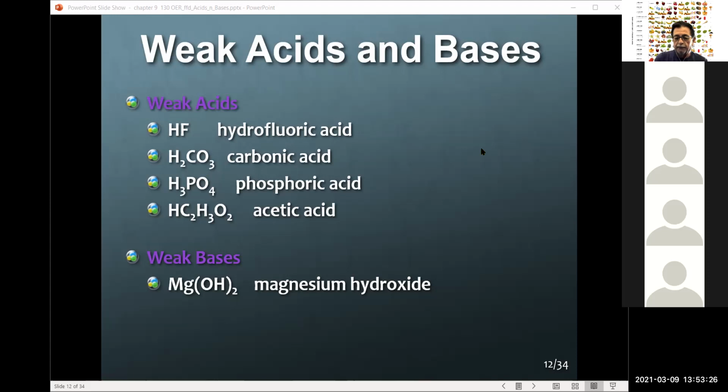Again, what we mean by weak is that these compounds do not dissociate 100%. Much less, 1 to 5% goes into solution. Yes, there are some ions in solution, but the bulk of it, 95%, is still intact.